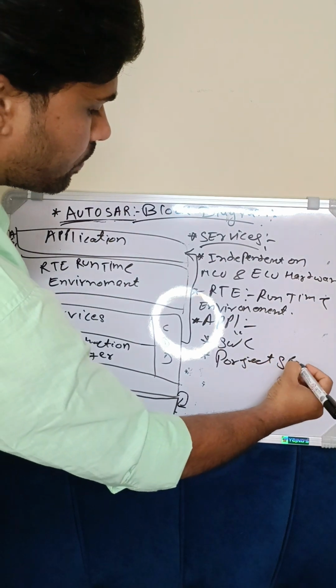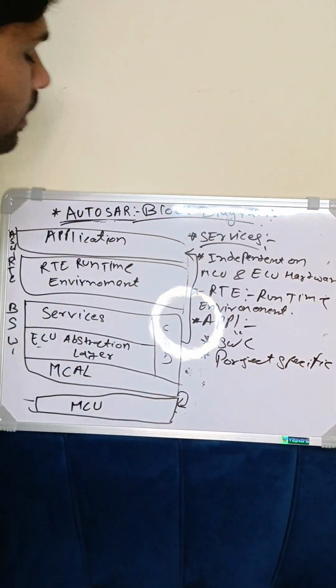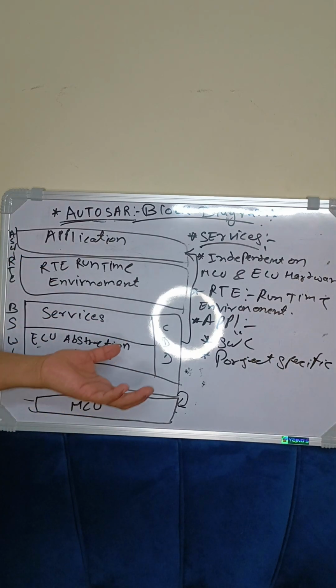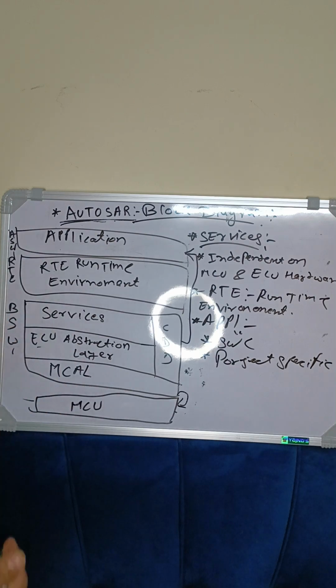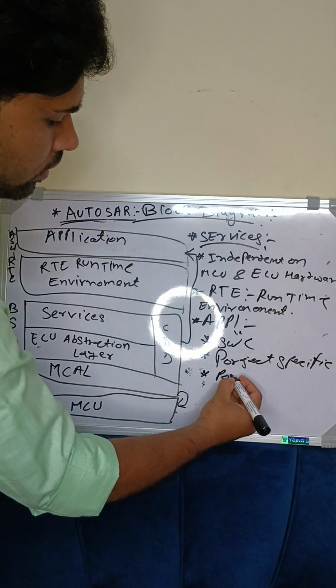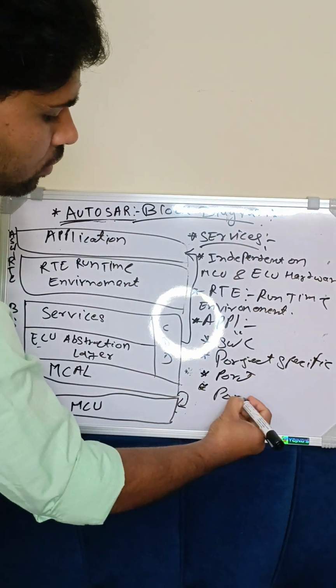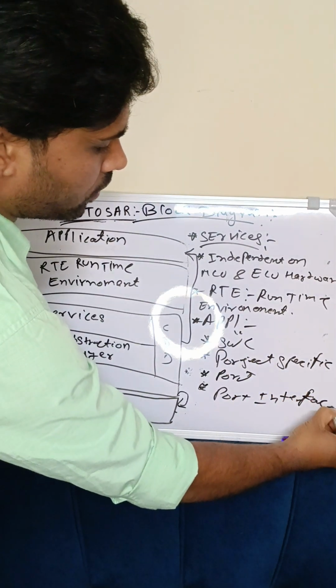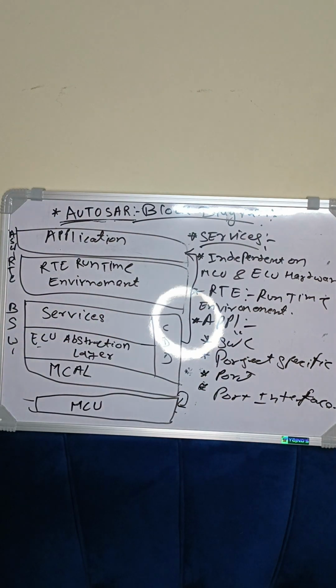In the application we can also do port and port interface. These things we will discuss in another video. Till now, this is what Autosar and the Autosar block diagram or layer architecture is.